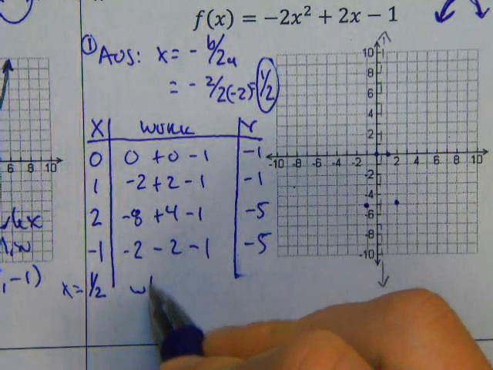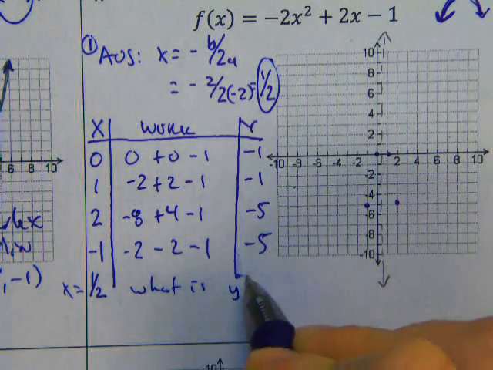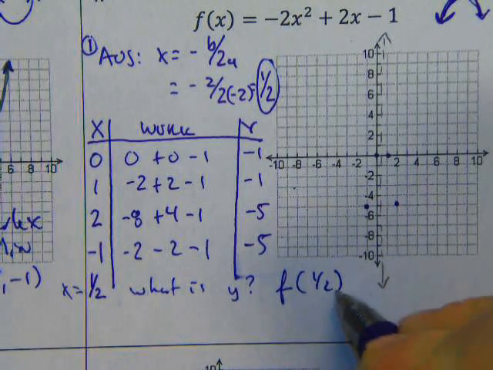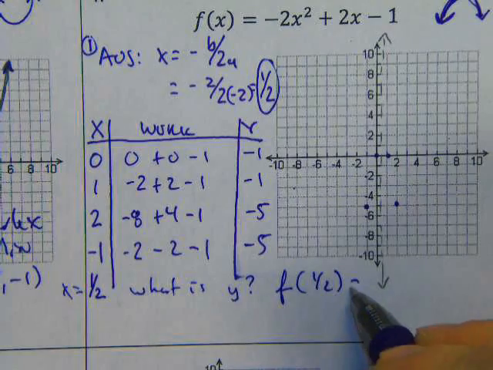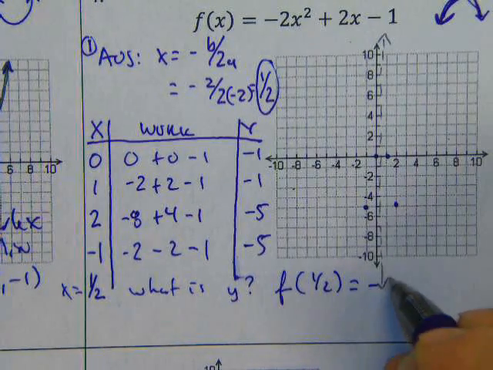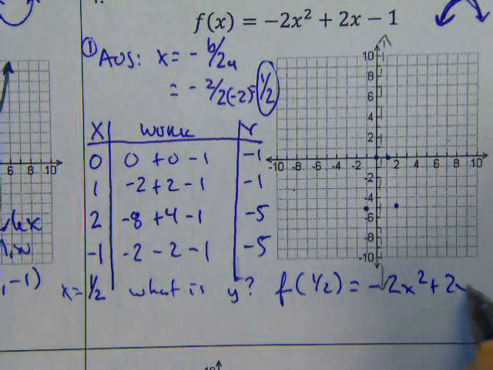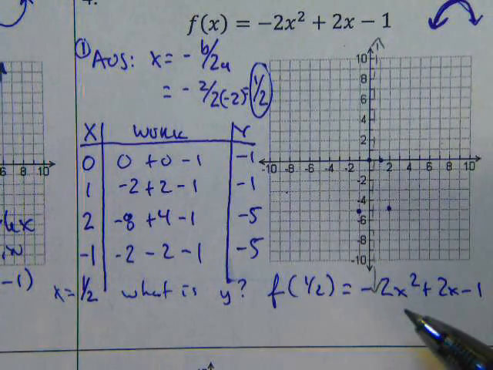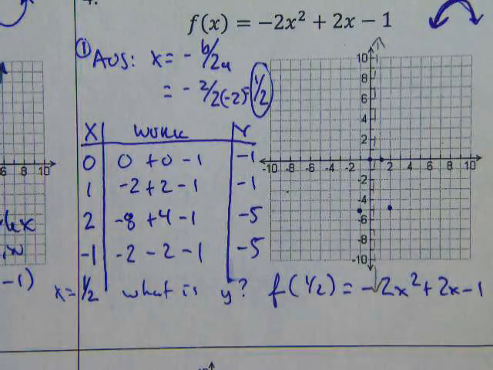What is y? And a way that we can write that is f of 1/2 equals whatever this is, minus 2x squared plus 2x minus 1. That's just a fancy way of saying, hey, we're going to plug 1/2 in for x and get some y. Alright, so let's go ahead and do that.